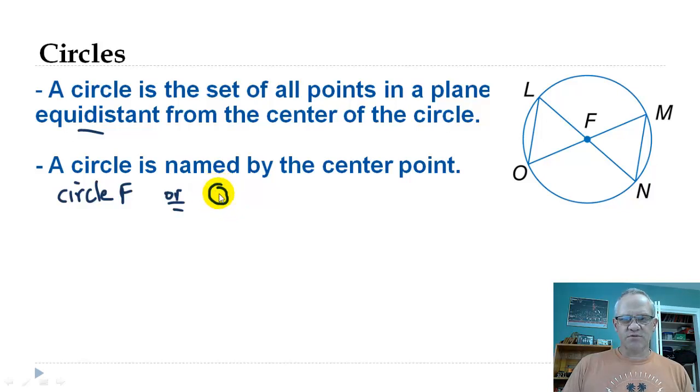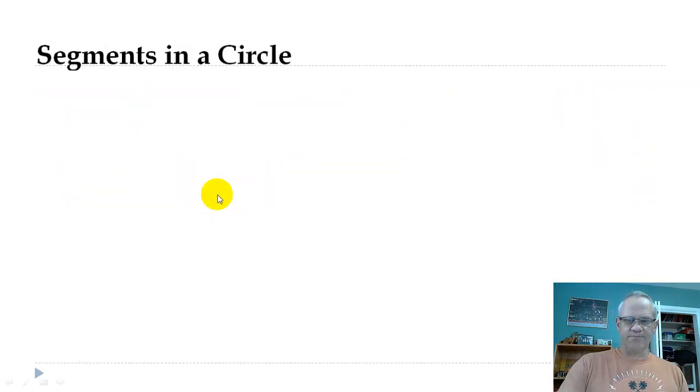That's supposed to be a little circle with a dot in the middle. That's the symbol for a circle. We could just make that symbol and call it circle F. With math, mathematicians always like to have little symbols for everything. So this is the symbol for circle because we don't like words. So you could either say circle F or circle F using that little symbol there.